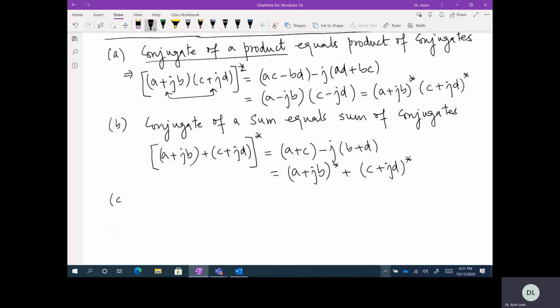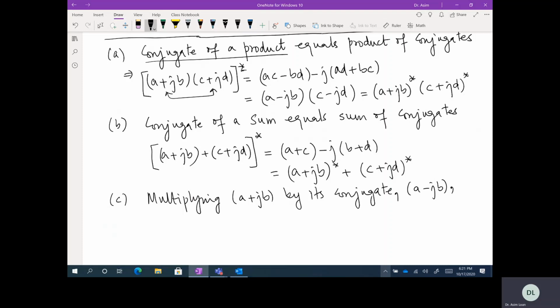And finally, multiplying A plus JB by its conjugate A minus JB produces a real number, R square, which is A square plus B square.